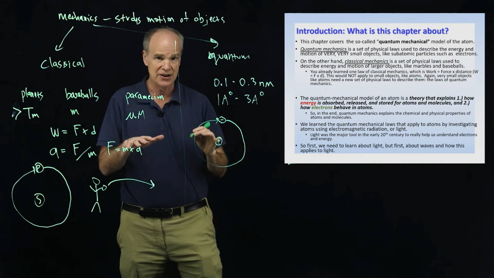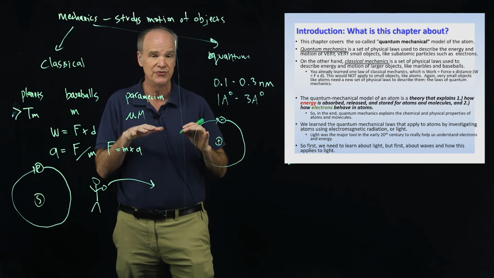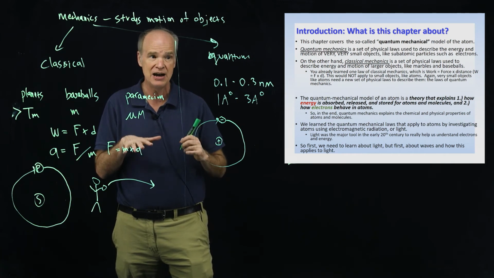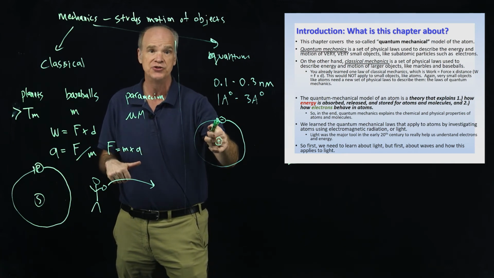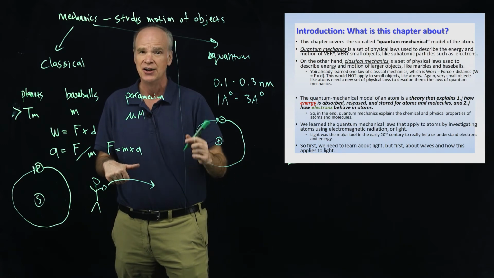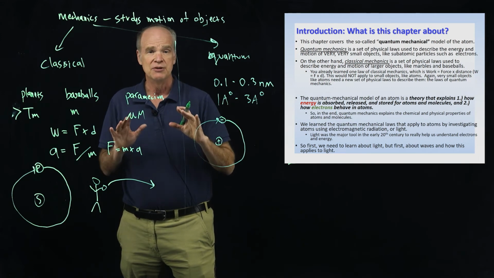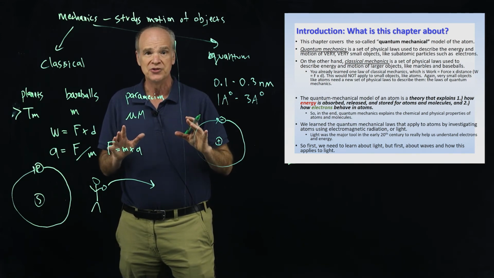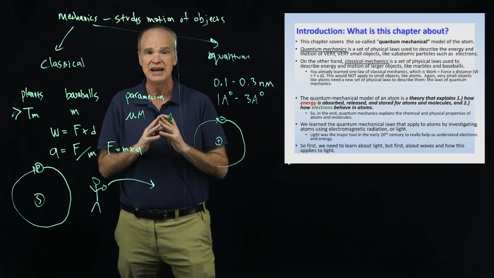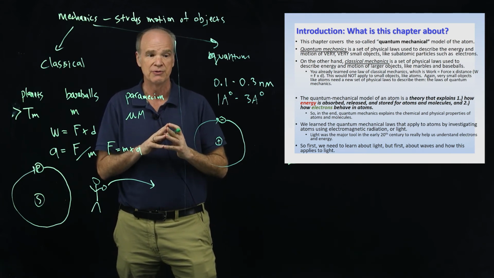Now, this model can be used to predict some properties of atoms, but it's very incomplete. And we now know that electrons do not travel in defined trajectories around the nucleus. So this model really isn't correct. We'll talk about it, and we'll use the model to predict some properties, but overall, it is not a really good description to understand the motion of electrons around an atom.